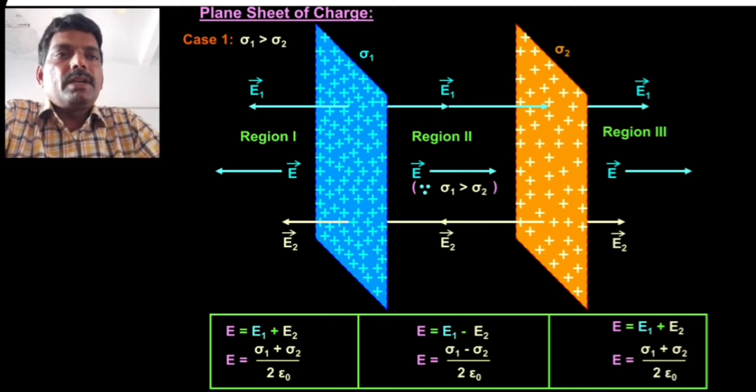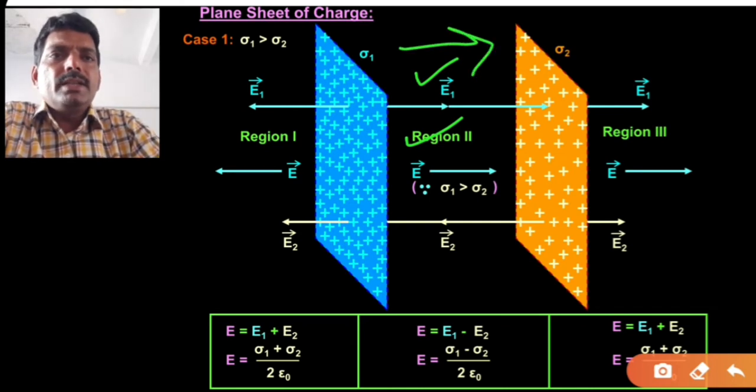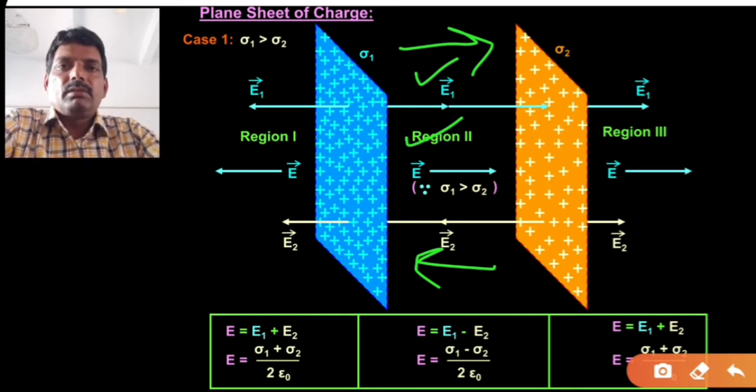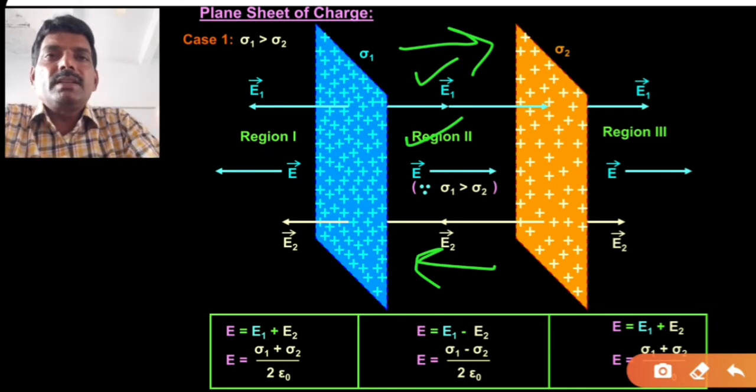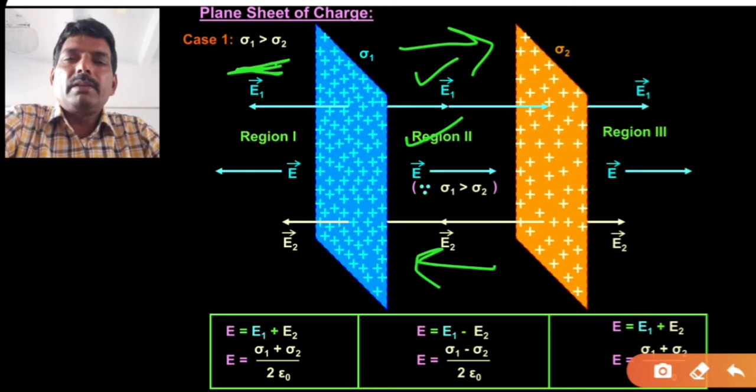Now in case of region 2, see E1 is in this direction and E2 is in this direction. So both are in opposite direction, but they will not get cancelled out. Why they will not get cancelled out? Because here you have considered sigma 1 is greater than sigma 2. The magnitude is not same, therefore they will not get cancelled, the resultant will not be 0.